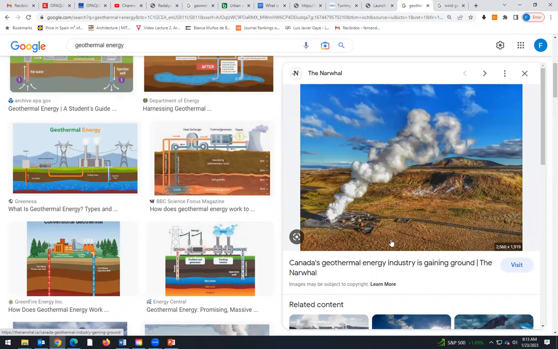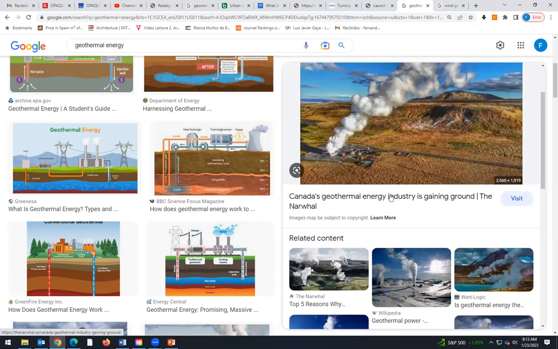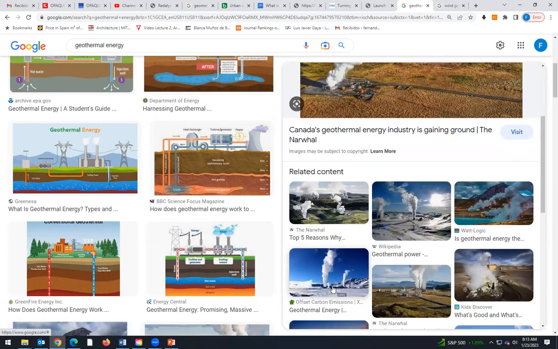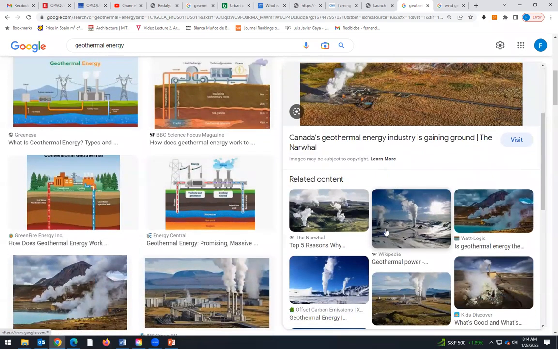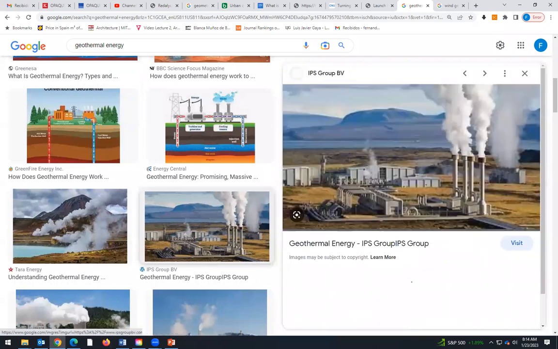Does it impact? Well, it doesn't impact a lot because basically we have to dig, and we dig until we find the heat source, and then that heat can generate steam, and that steam moves turbines, and then it generates electricity. So those are geothermal plants.